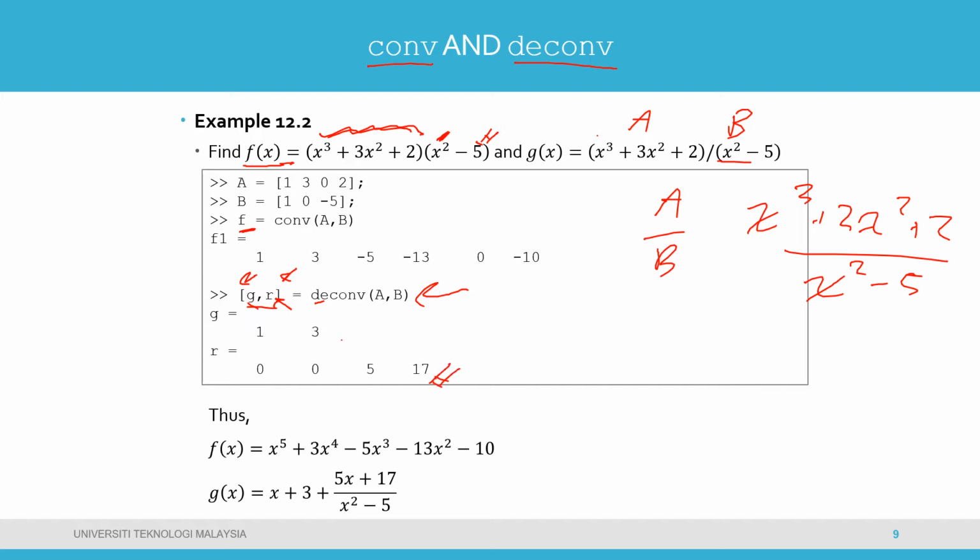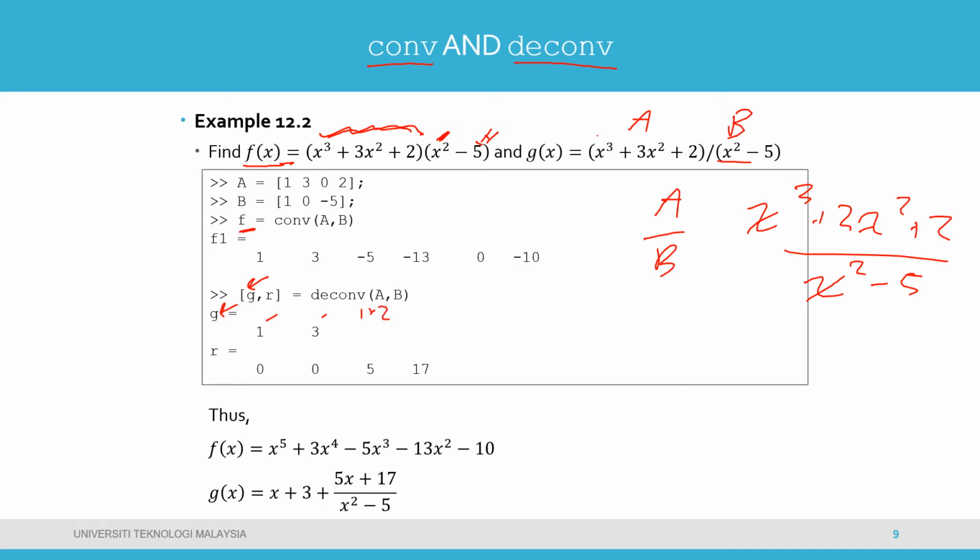Okay, so how to convert this into a polynomial back? So basically, let me clear this first. Okay, you can see here, this is the first one, this is the result. So of course you can look here, this one is this one, you have 2. Okay, 1 multiplied by 2.